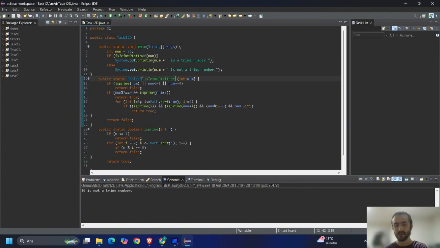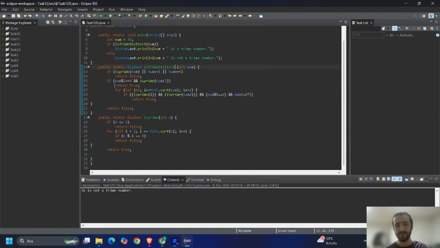But for example, 4 is not a prime number because 2 by 2 equals 4, yeah, but the twos are not distinct prime numbers, they are duplicates, so 4 is not a prime number in our case.